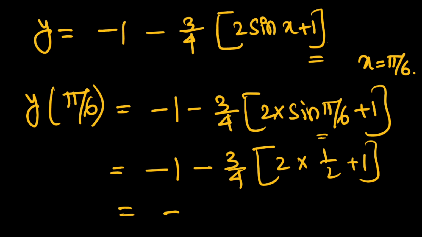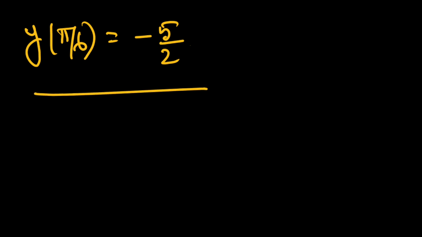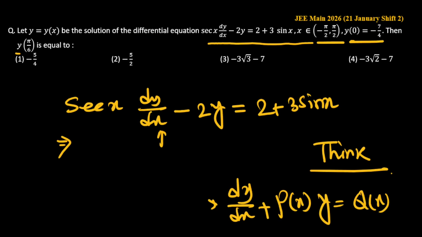So this implies minus 1 minus 3 by 2. So y at pi by 6 is equal to minus 5 by 2. If you look at the options of this question, the second option is the correct answer.